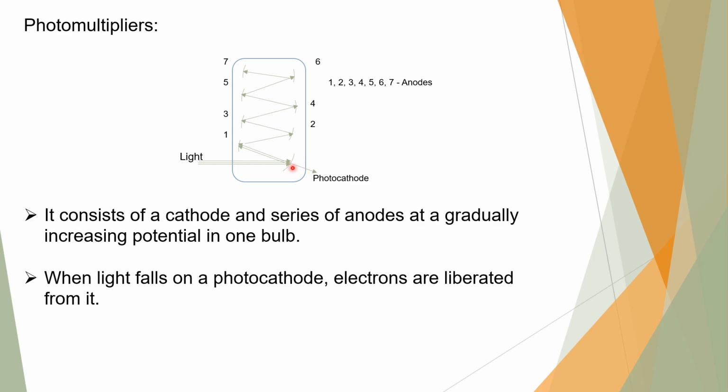When light falls on a photocathode, electrons are liberated from the photocathode and they reach anode 1 and liberate more electrons, and they reach anode 2, which is at higher potential than anode 1.